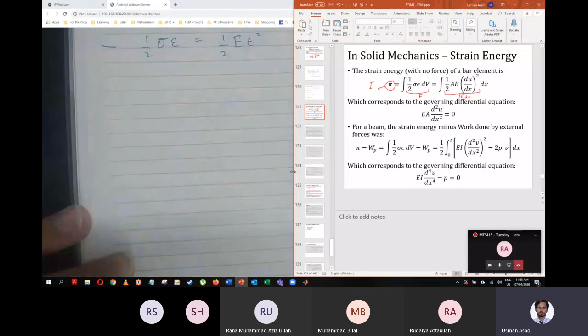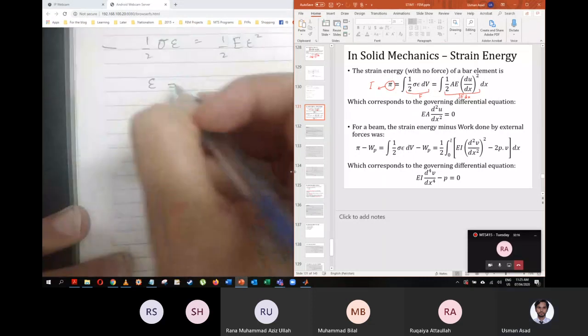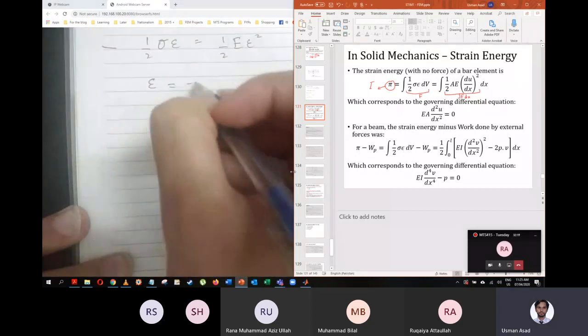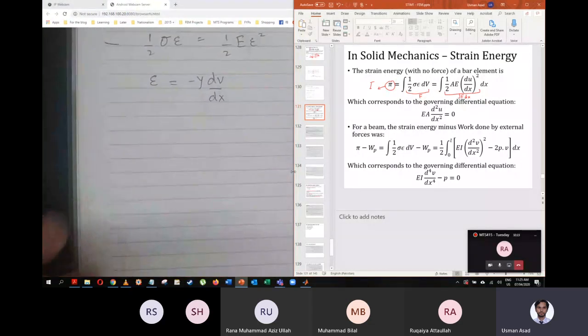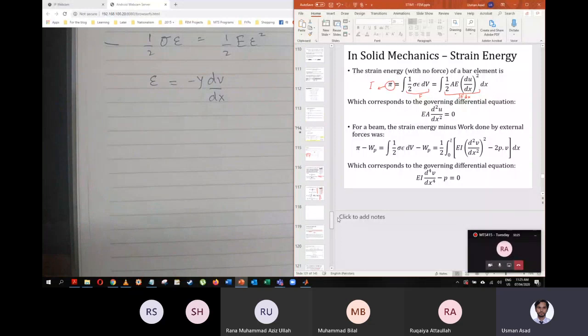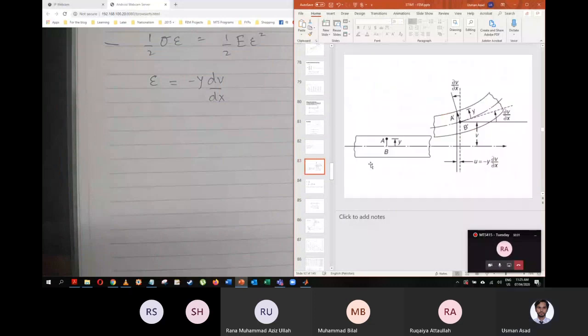Stress into strain is just going to become E into epsilon square. And you might recall कि जो epsilon था, this for the case of beam was minus y d²v/dx². ठीक है? So this result came from our assumption about the Euler-Bernoulli beam, जो कि इस स्लाइड में आ रही थी.